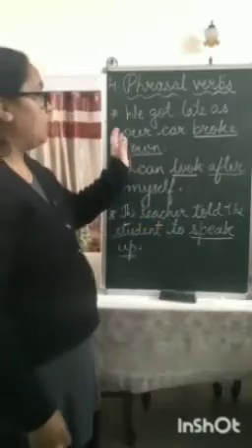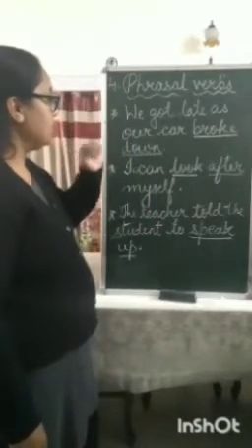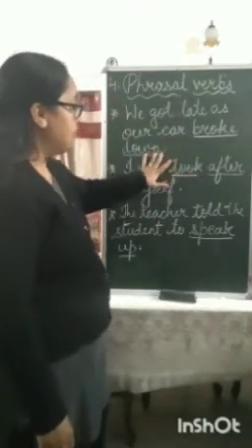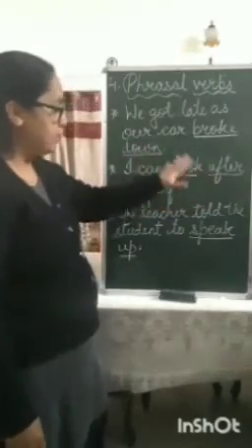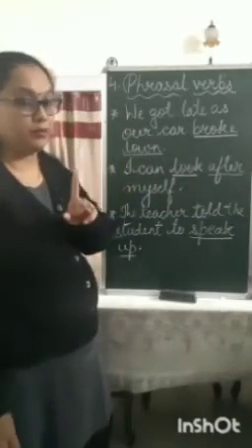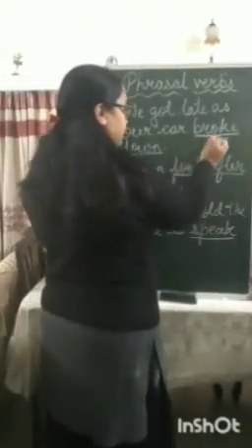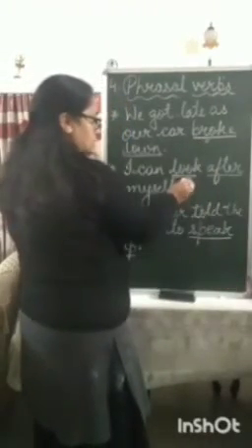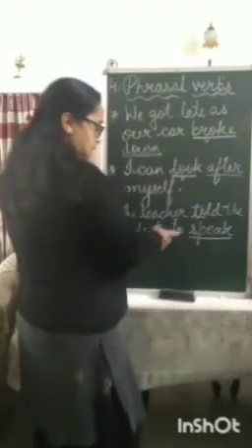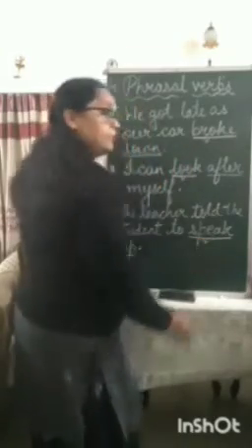Okay. Now, if you see these pairs of words, in each pair of words there is one verb. What is that one verb? Here broke is the verb, right? And here look is the verb, and here speak is the verb.